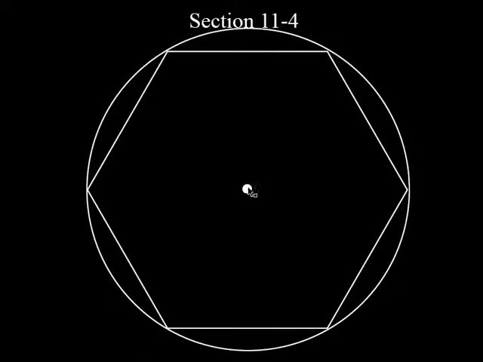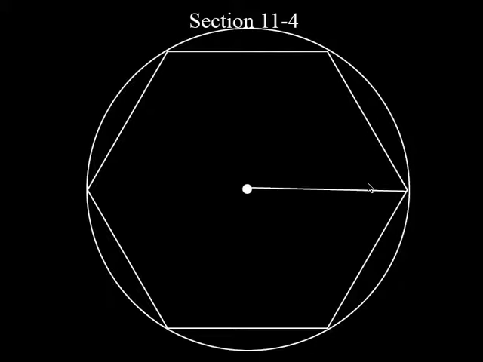Either way, the only reason I put the circle here is to see that this would be the radius of the circle, from that center point to any of these vertices. Would you agree with that? Let's see what word they use.